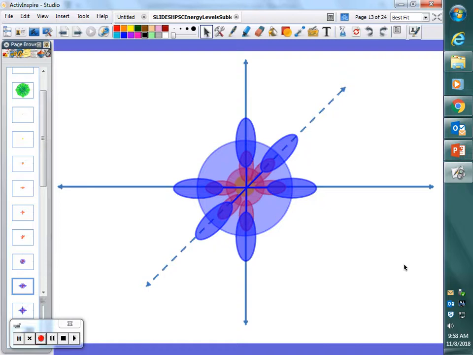So the next one gets a little bit confusing because when we went from yellow to red, the first thing we drew was a circle, okay? But then we added the new shape, the hourglass.